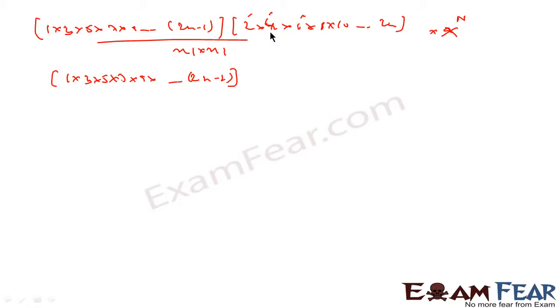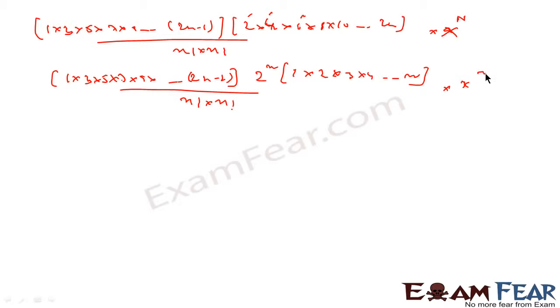And here since we have 2, 4, 6, 8 to 2n, we have n terms. So we take 2 common, and this becomes 1, 2, 3, 4 till n. And this is n! into n!, and this is x^n.